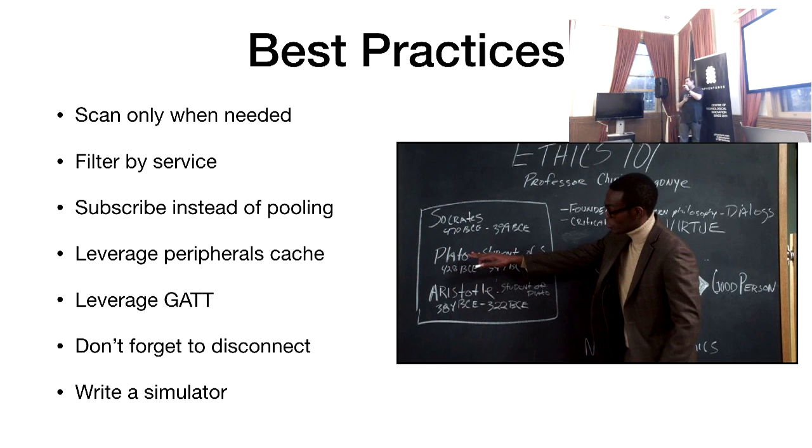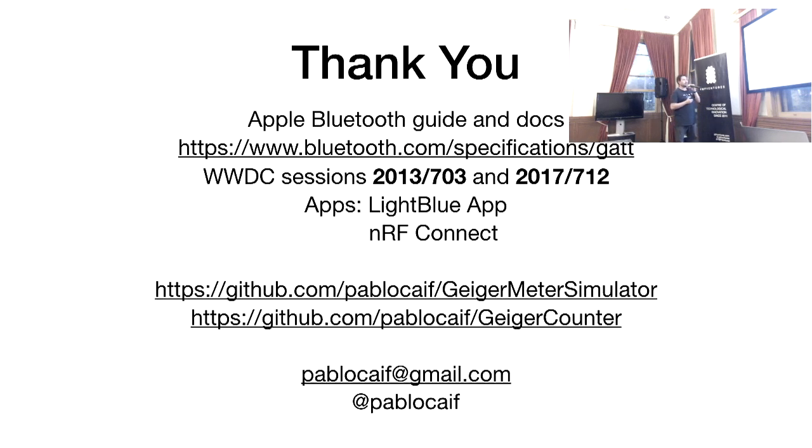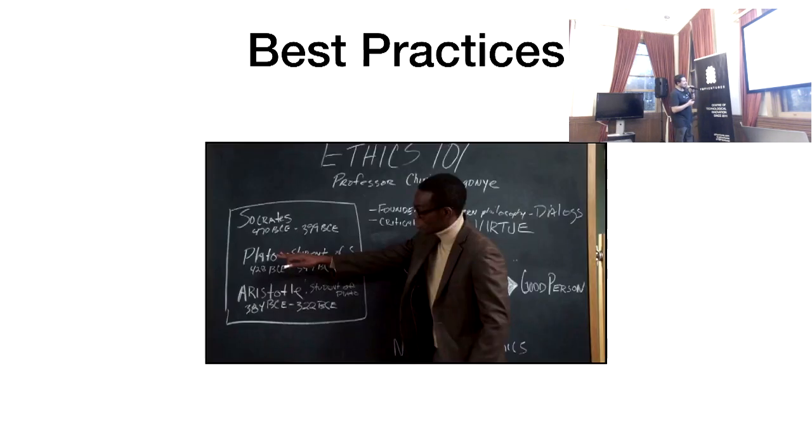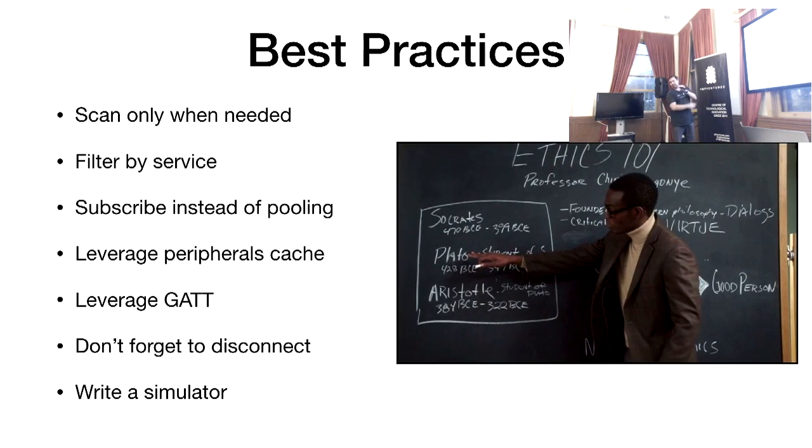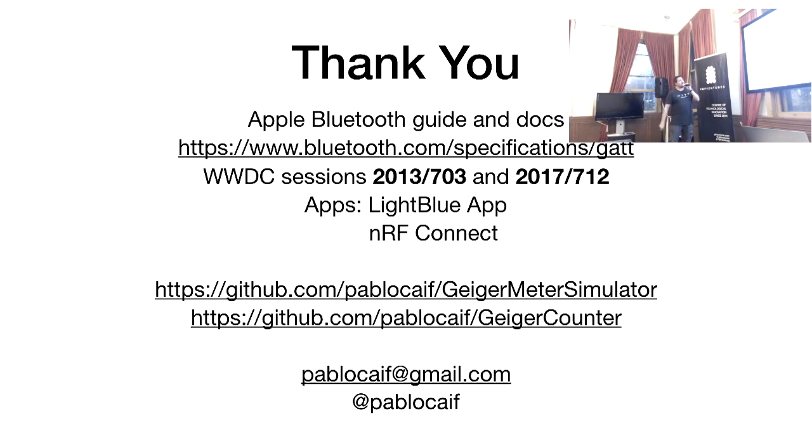And once you read and you got all the stuff you need, don't forget to disconnect. And the last one, sorry. The last one is write a simulator. For me, it was very good because I didn't have the hardware with me all the time. So that's why I wrote the bit on the Mac, which ended up being very useful.